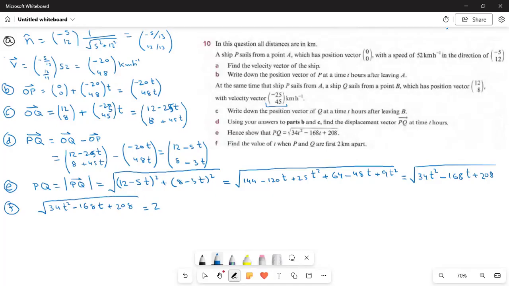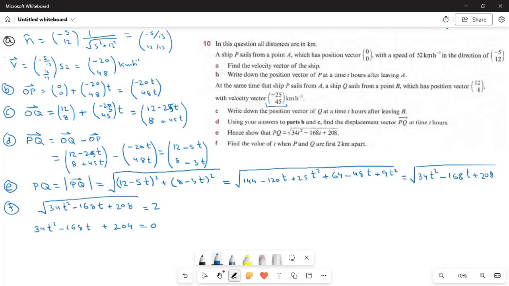If I square both sides, it's going to be 34t squared minus 168t plus 208 equals 4. It can become minus, so I will have 204 only.